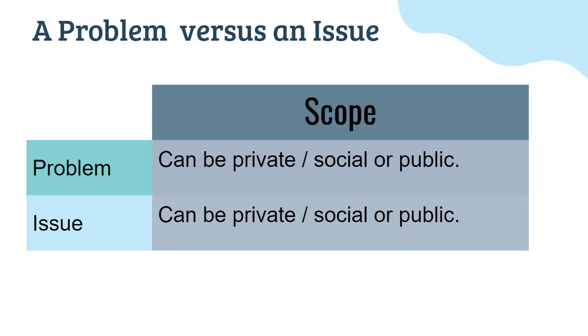Now, a problem can be private, an issue can also be private. Now, a private problem, a private issue can progress or maaaring maging social or public problem or social or public issue. When will this happen?